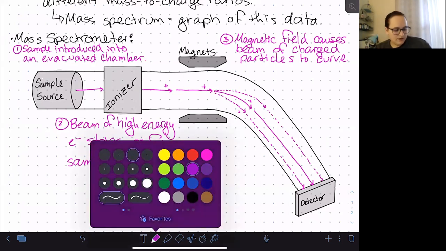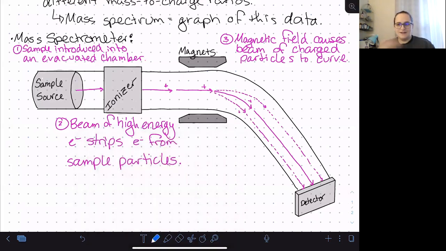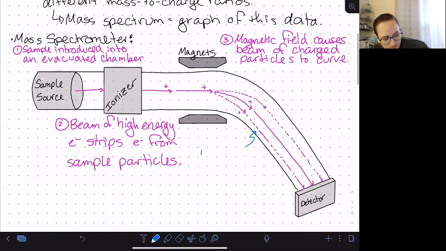So essentially, the lighter a particle is, the easier it is to change its path. The same amount of force applied by the magnetic field is going to change the path of a lighter particle more because it's easier to pull on that. So the ones that kind of curve a tighter corner here are going to be the lightest particles.